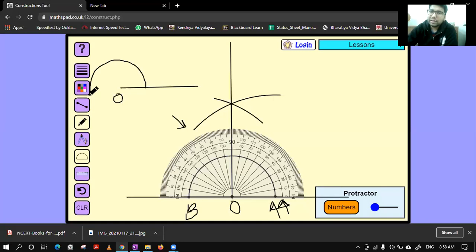If you don't want to extend the line, then only you go for that way, 60° arc, 120° arc, and then you get the perpendicular. In this way, it was preferable to do it this way, because you don't know the 180° point. For that 180° point, you had to extend the line. You can't do that by any point on that arc. Okay, I hope this thing is clear.